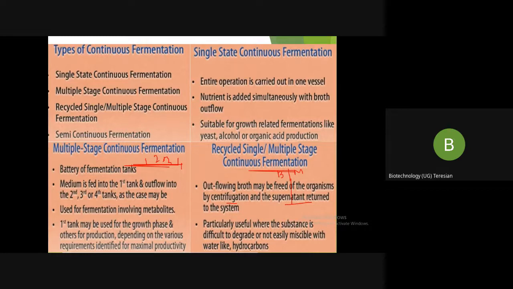So that is why it is called recycle single or multi-stage continuous fermentation. You can use multiple stages of fermenters, but you have to recycle your supernatant each time.